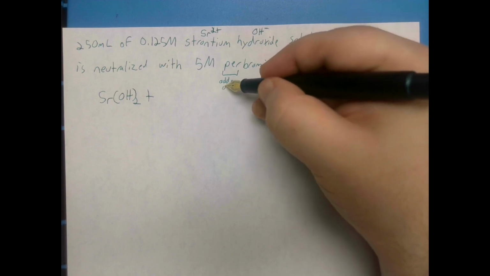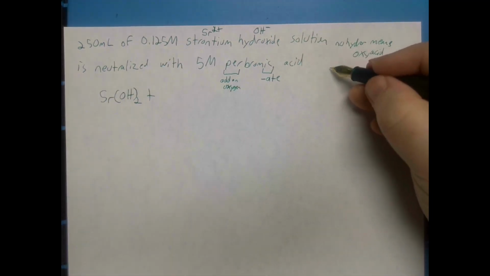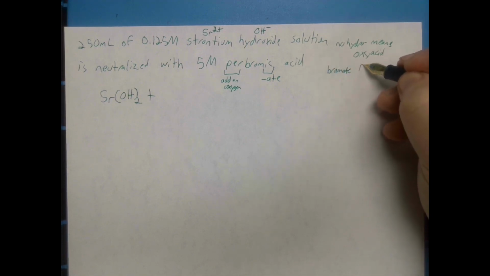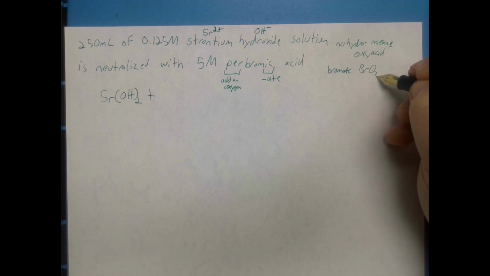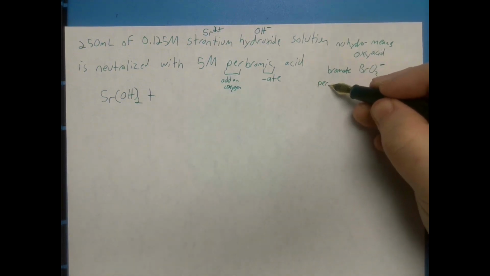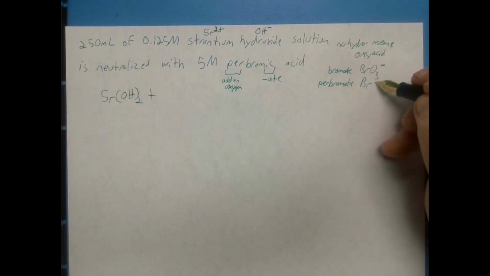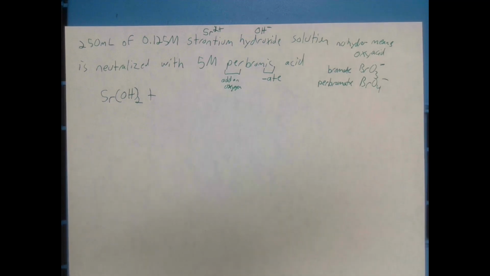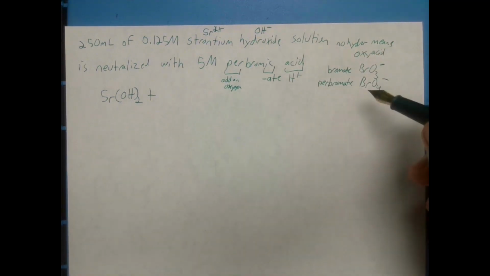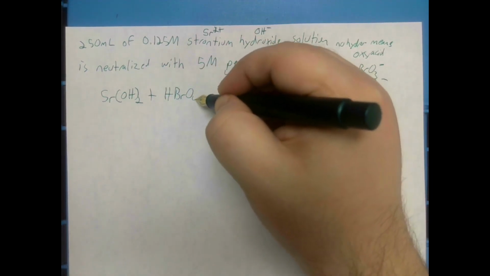Add an oxygen. So we know bromate is BrO3-. So perbromate will be BrO4-. And the acid tells us it's going to have H+ with it. That's a 1-to-1 ratio, so it's HBrO4.